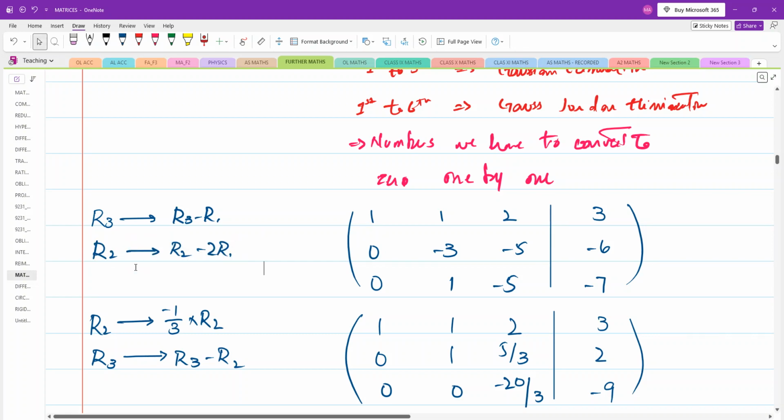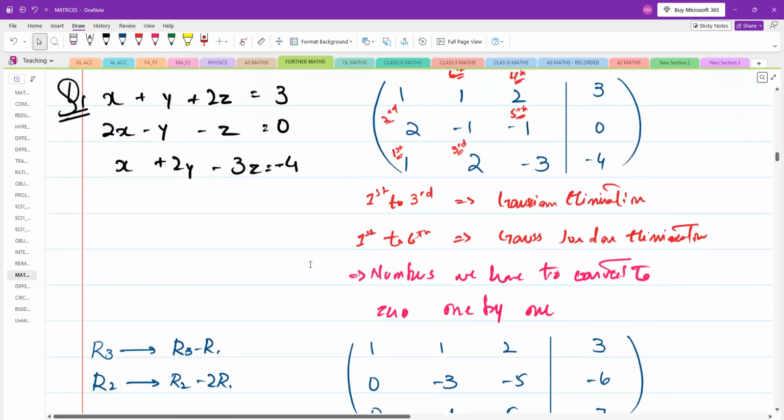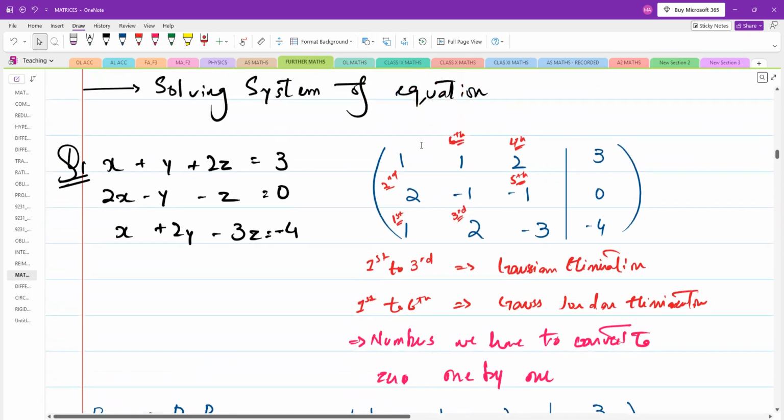What did I do with row 2? Since I had to convert this into a zero as well, what I did was, in my mind, I converted this row by multiplying it by 2. Why did I do that? So that we get a 2 over here.